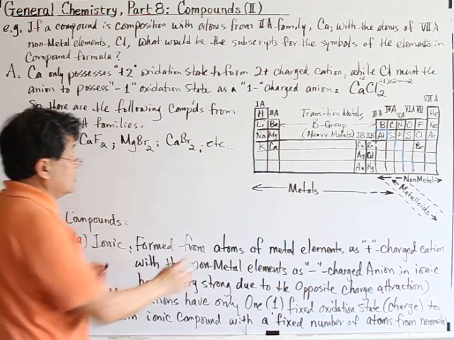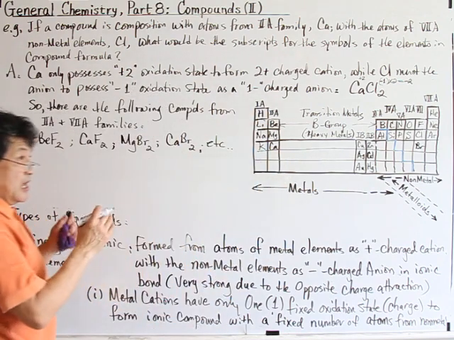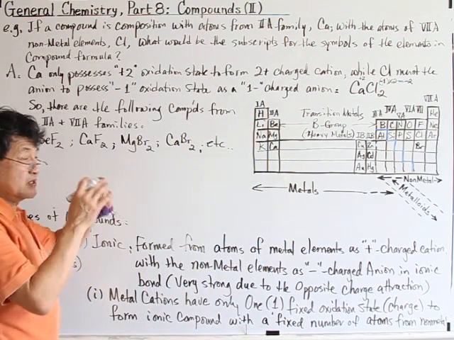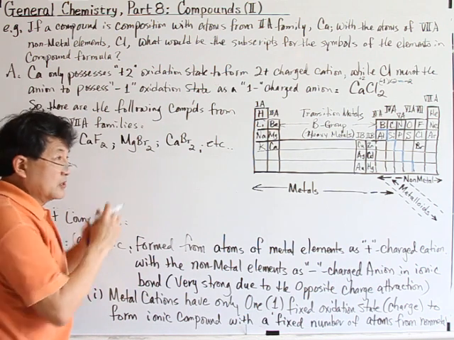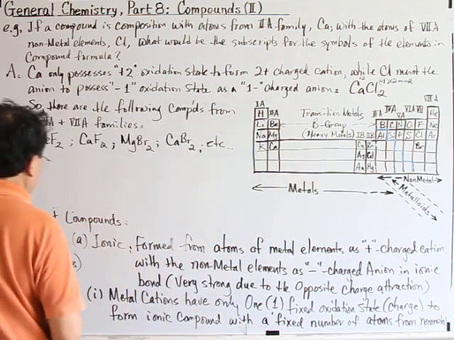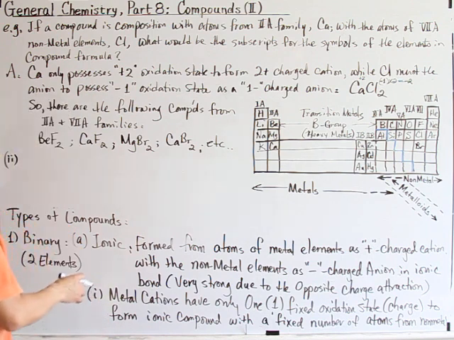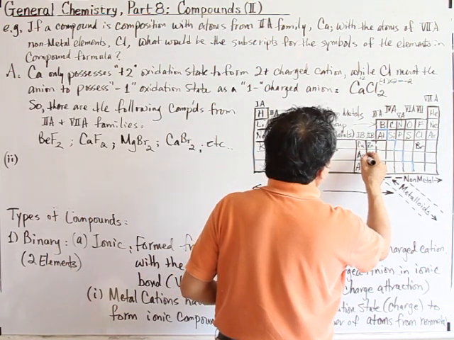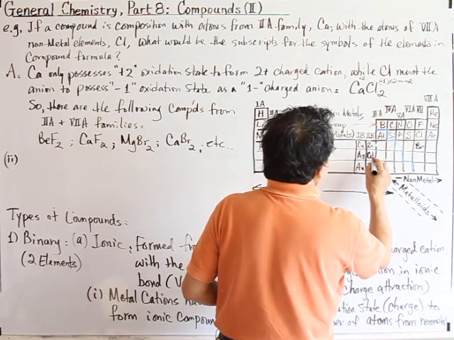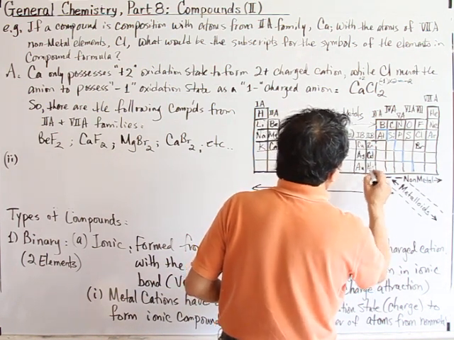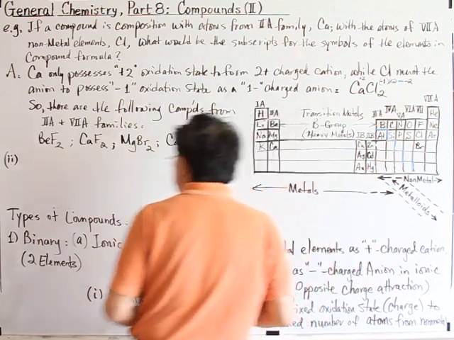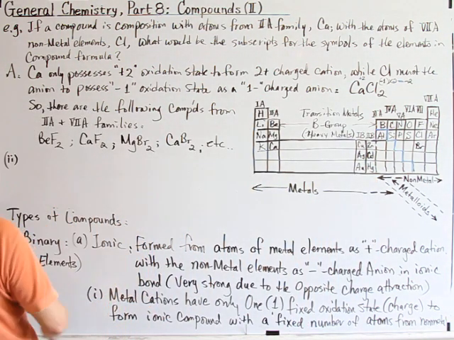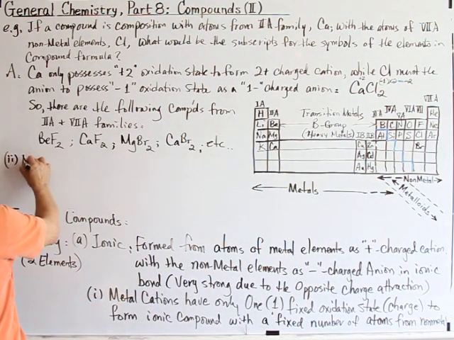So the A and B groups for first and second are similar. This one has only 1, this one has only 1, but this one has +1, +2, and this one has +1, +2. This one is +3.